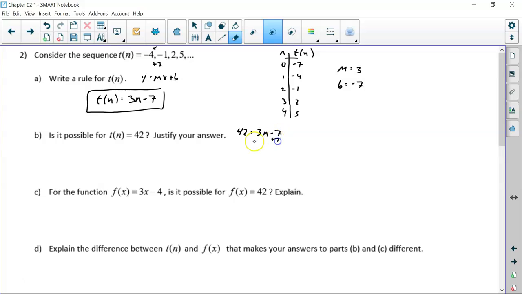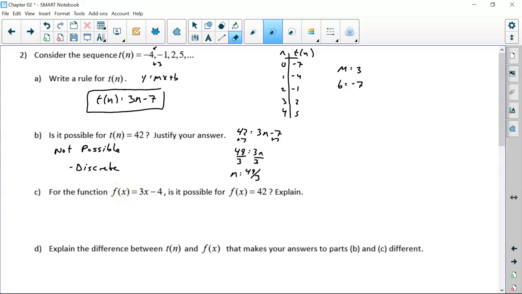You can add 7 to both sides. 49 equals 3n, divide by 3. n equals 49 thirds. It doesn't divide evenly, so not possible. 42 would not be one of our outputs for this. And that's because it's a discrete sequence. We can only have whole number values.